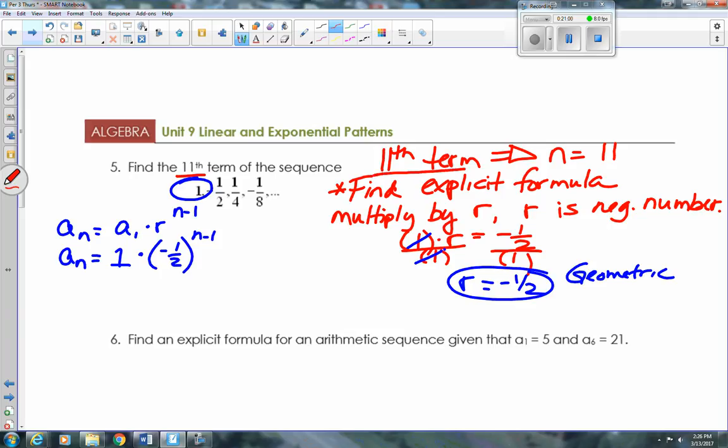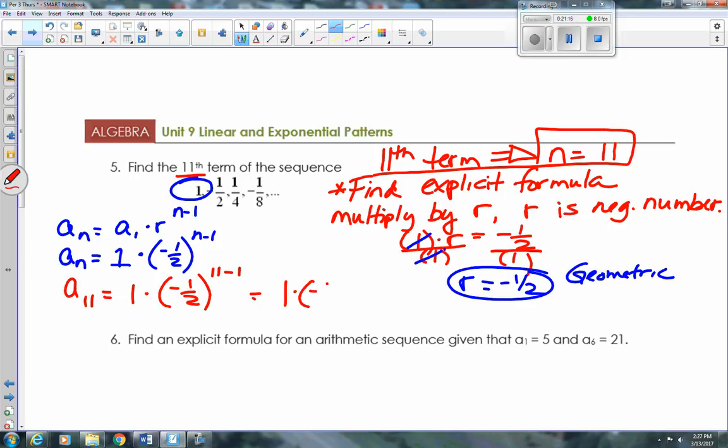So again, I want to put in for n the number 11. 11th term, 1 times a negative 1/2 to the 11 minus 1, which is 1 times a negative 1/2 to the 10th power. If I put that all in my calculator, it's going to equal 1 divided by 1024. 1 over 1024 is my 11th term.